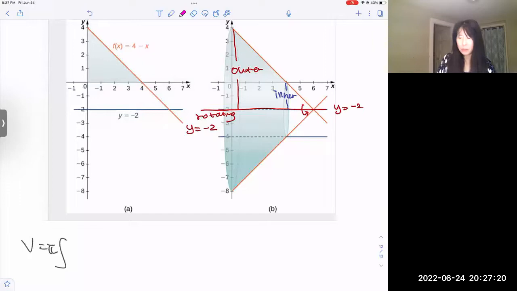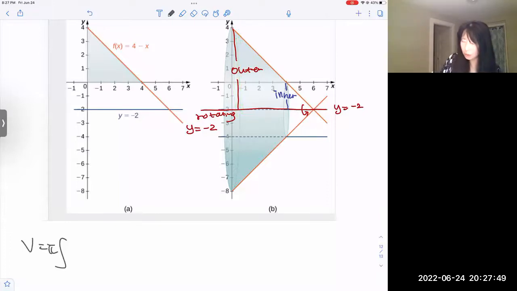Because the function is 4 minus x, then we have to add 2 because this line is y equal to -2. Do you understand? The function plus 2. There will be here. It's okay with you?